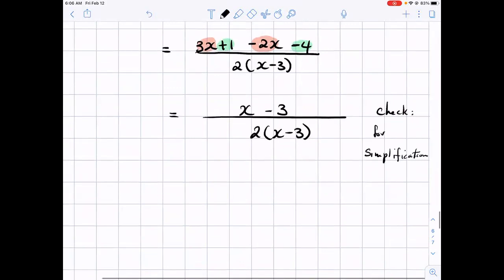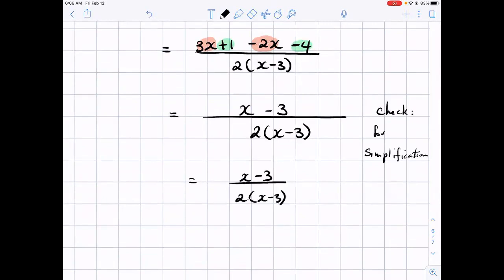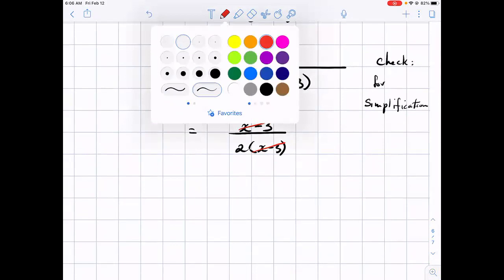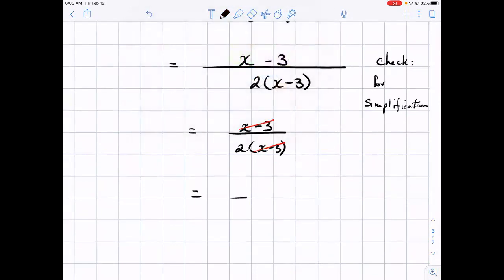So you'll notice that we have x minus 3 over 2 times x minus 3. So this x minus 3 and that x minus 3 can be divided. And remember, your 2 is in the denominator, so it stays in the denominator. And then a 1 stays in the numerator. Okay? So our simplified answer is 1 over 2.